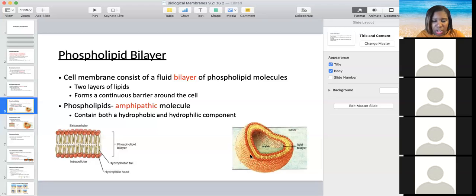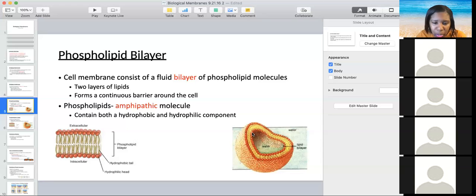So if we turn our attention over here to this image, this is a three-dimensional representation of the phospholipid bilayer. If we look closely, we see that we have one layer of phospholipids here, where we have our heads facing the external environment. This aqueous environment, we know the cell is surrounded by water.